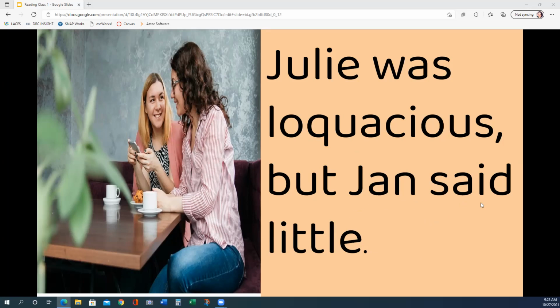So Jan is saying very little, and Julie is saying the opposite. Also like big. Yeah, she's talking a lot. She's a talker. Okay, so loquacious means she talks a lot.